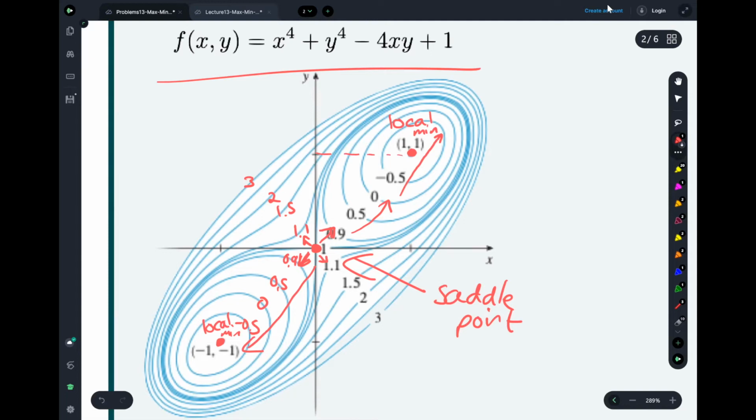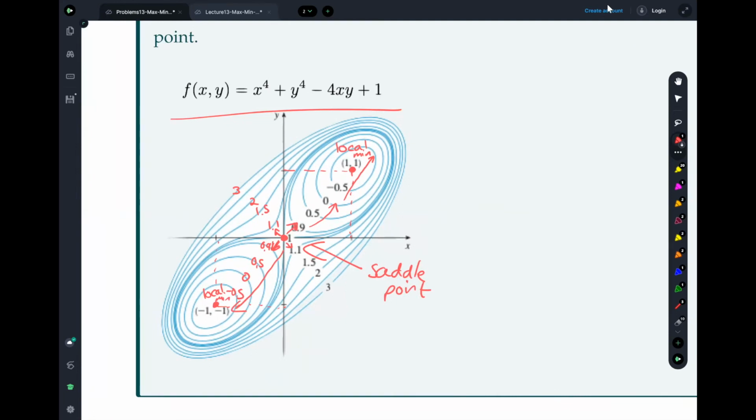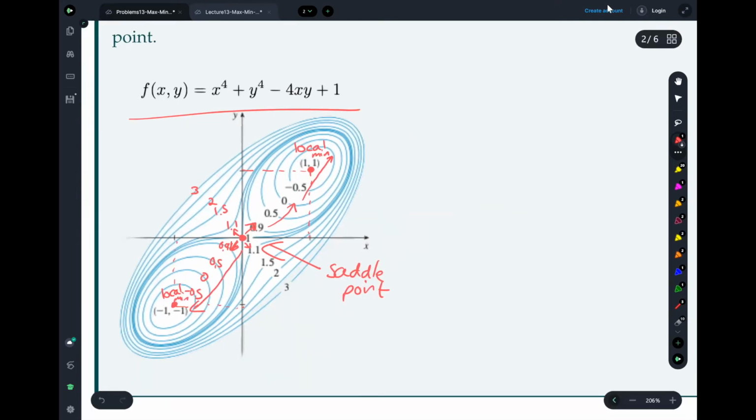So we could plug in each of these different values at 0, 0, 1, 1, minus 1, minus 1, and we can work out what those values are. So in this case, we predict that we have local minima at 1, 1, and minus 1, minus 1.